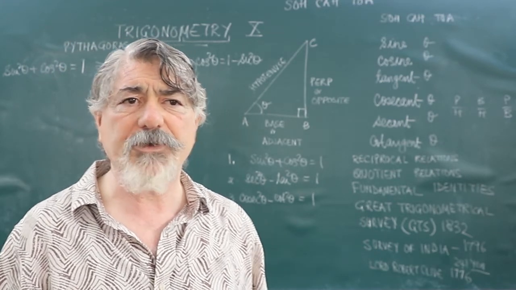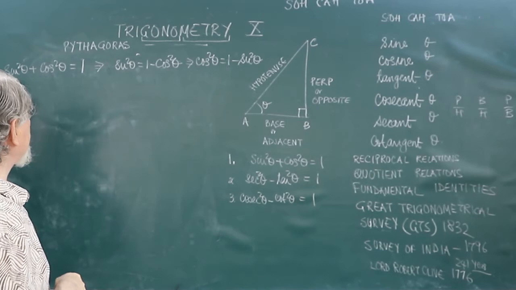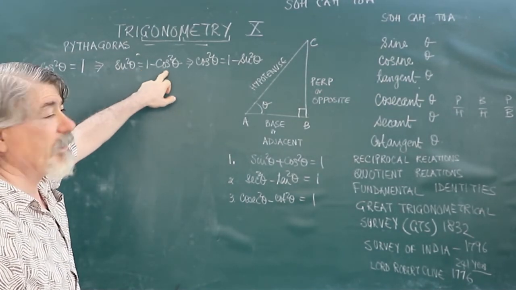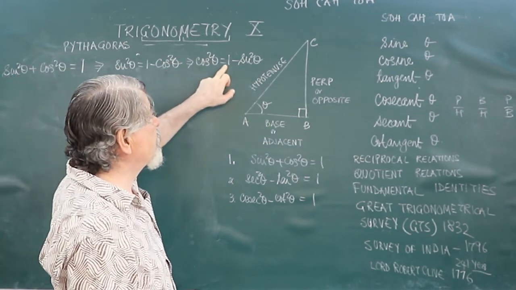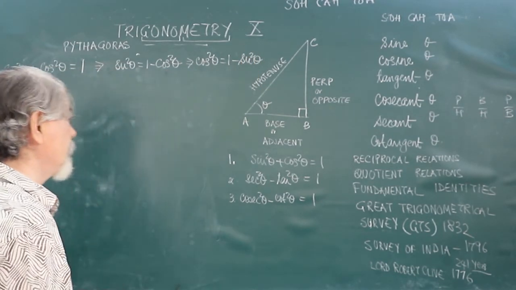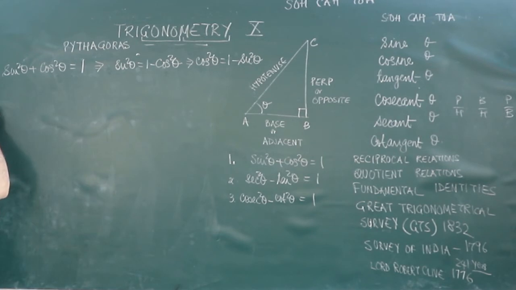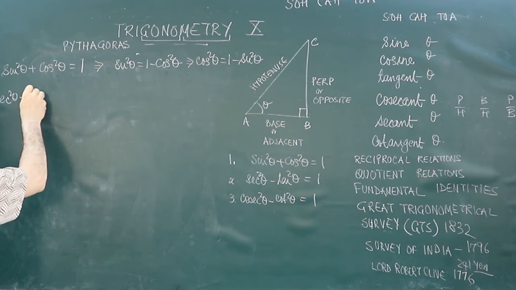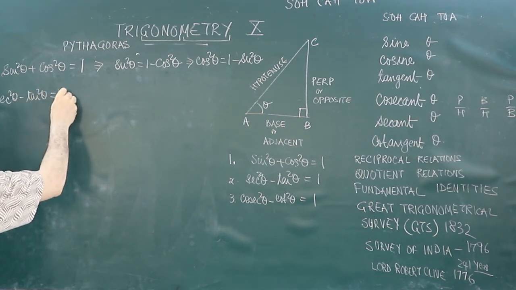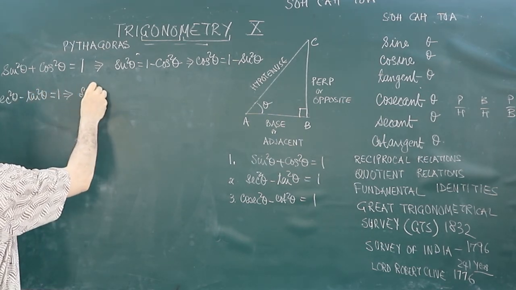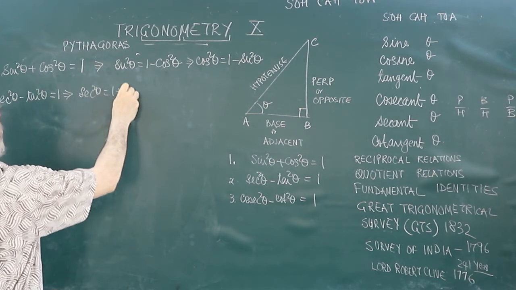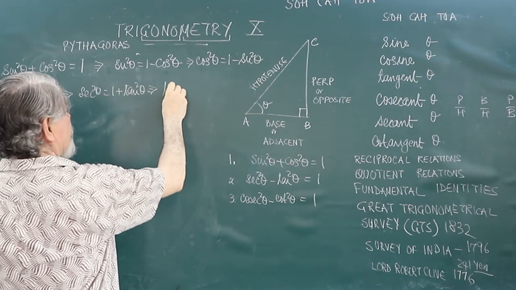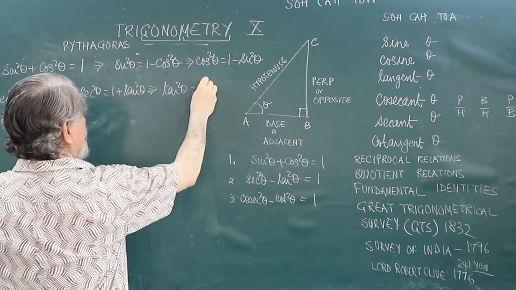What kind of question have you got and what do you want? So sin square theta plus cos square theta is 1, or sin square theta is 1 minus cos square theta, or cos square theta is 1 minus sin square theta. Similarly, the second one is sec square theta minus tan square theta is 1. It can be written as sec square theta is 1 plus tan square theta, or tan square theta is sec square theta minus 1.